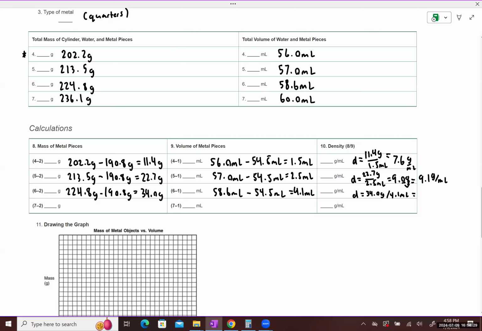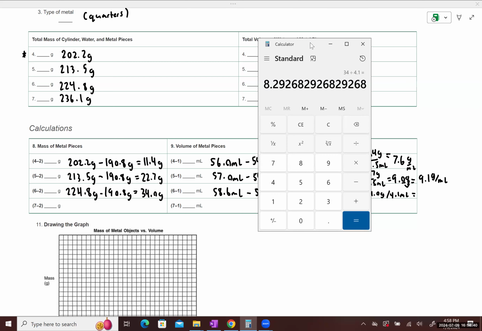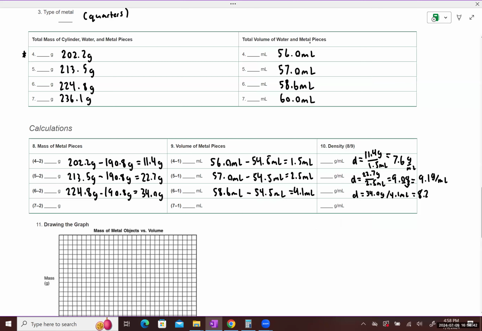I'm just writing it this way for space considerations. So we have 34.0 divided by 4.1, and that gives us a density of 8.29 gram per mil that we round to 8.3 gram per milliliter.